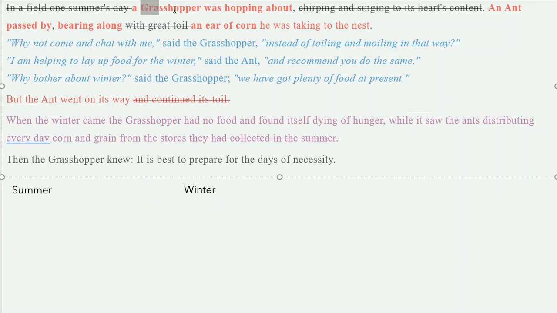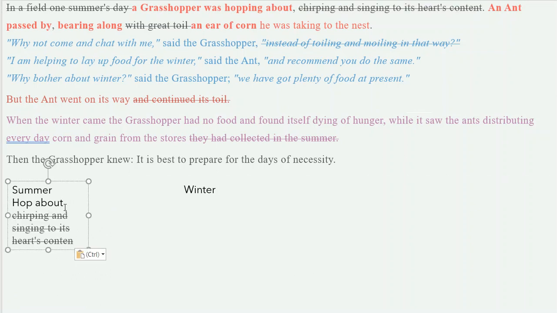If you are a grasshopper, you hop about. What else do you do? You chirp and sing to your heart's content, right? So all these things now make sense. We've removed them, but they were actually words that belonged to summer. They belonged to the grasshopper, right?